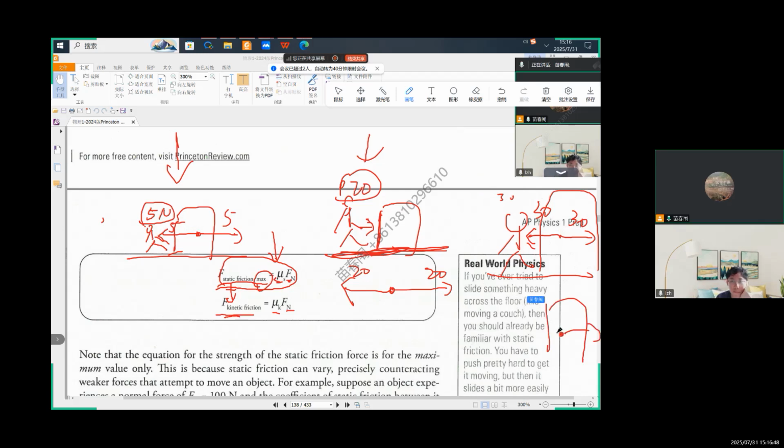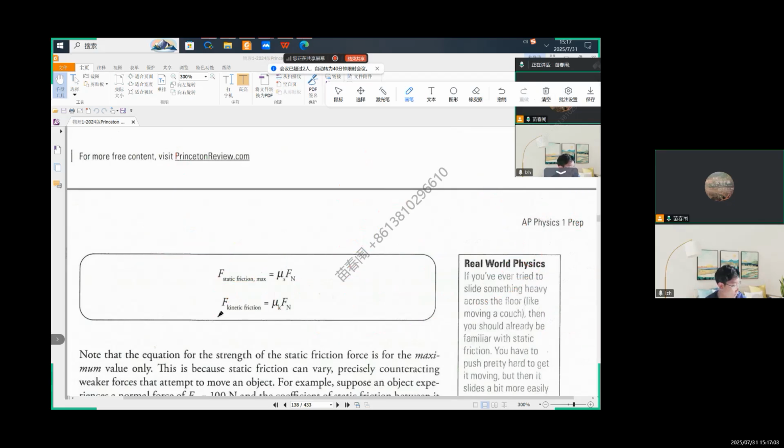This time it's 40, it's not balanced anymore. So what we find is that 30 is the maximum. If it is kinetic friction, there's no problem, use this formula. If it is the maximum static friction, you can use this. If it is not the maximum, what do you use?